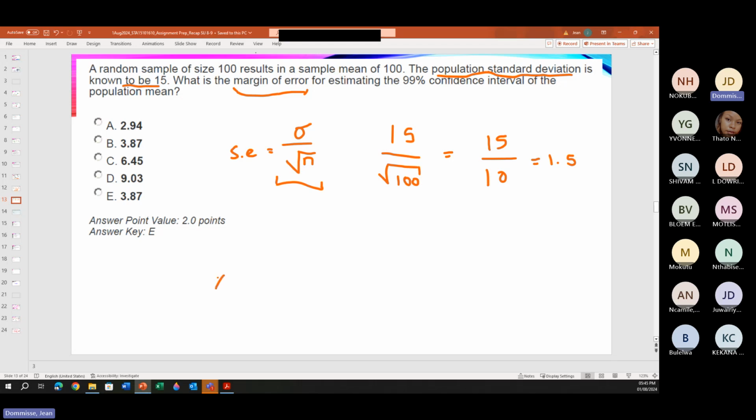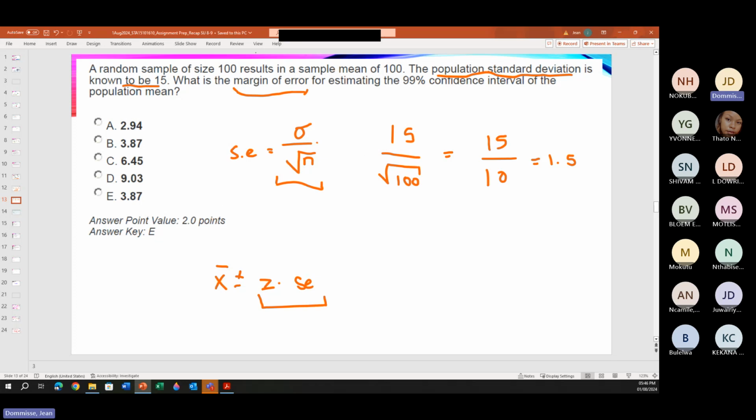So the margin of error is the z or t times the standard error. So that is the margin of error. So luckily they did not have 1.5 as an option. So the margin of error, and just again, a slight difference in wording.